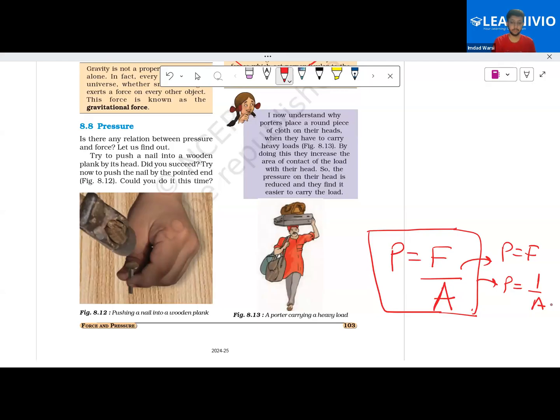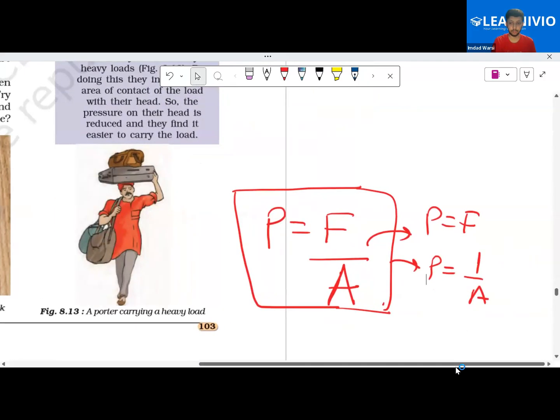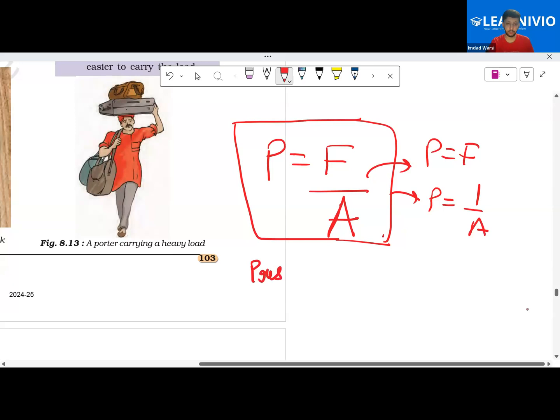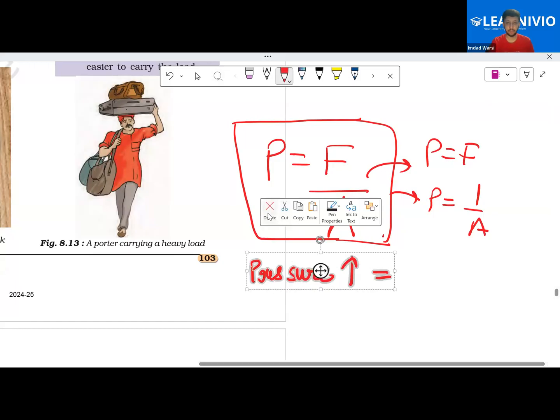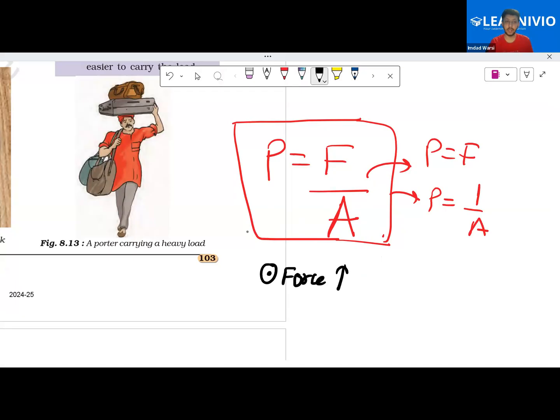Write it. Now write: if force increases, so pressure will increase.